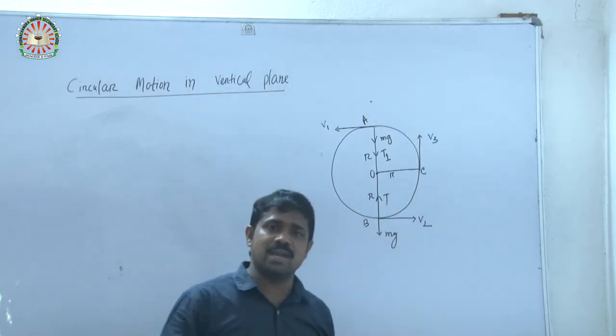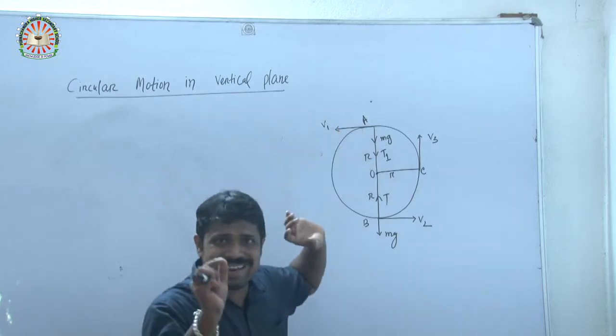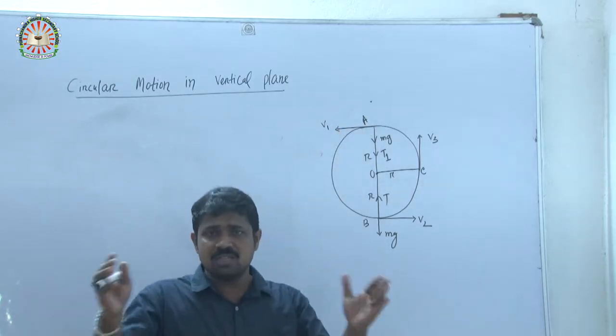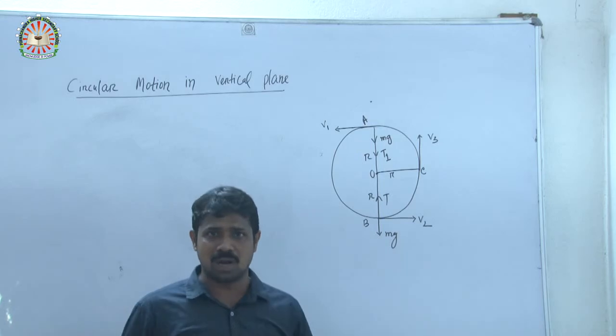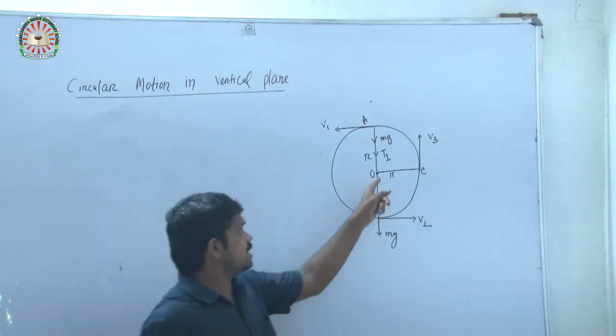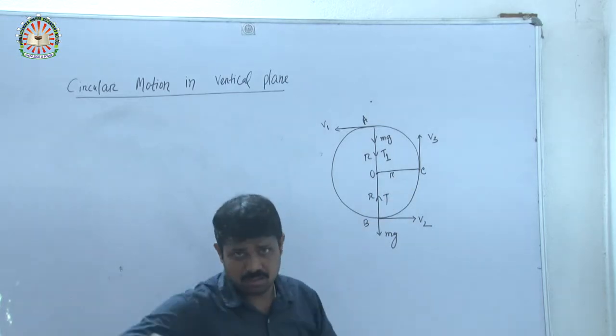So what are we assuming first? Now we are assuming that an object is attached to an inextensible string. This should not be an extensible one. That is an inextensible one. If it is extensible, then the radius or the length may change.